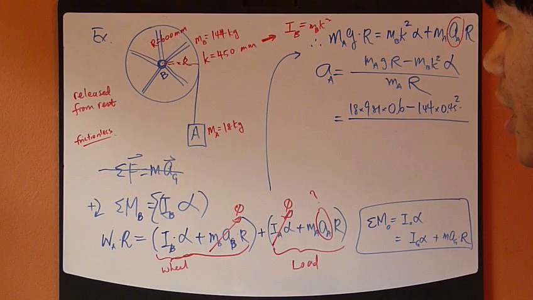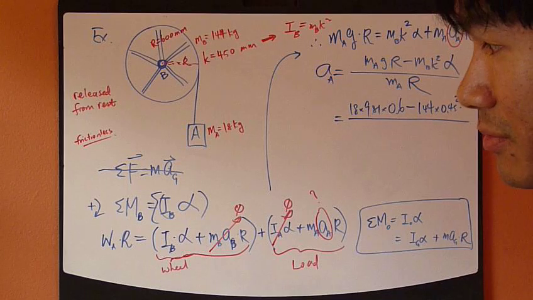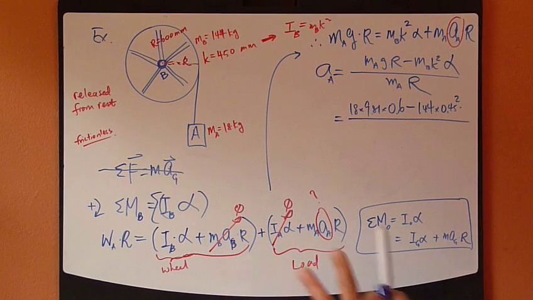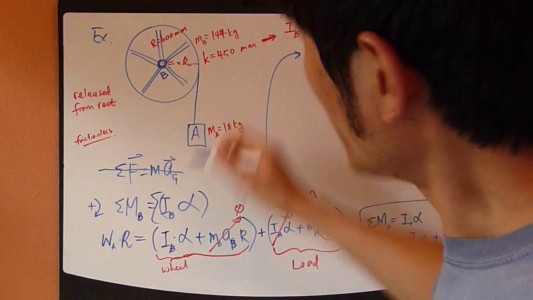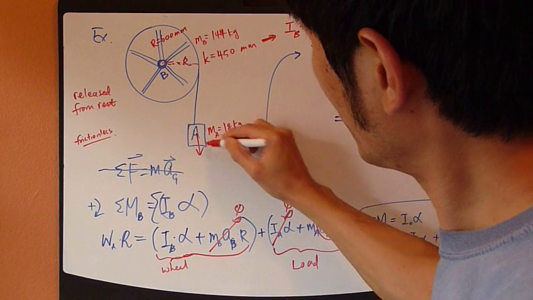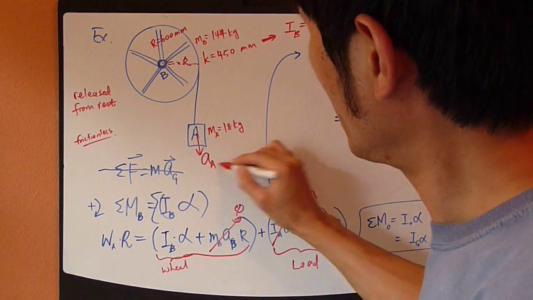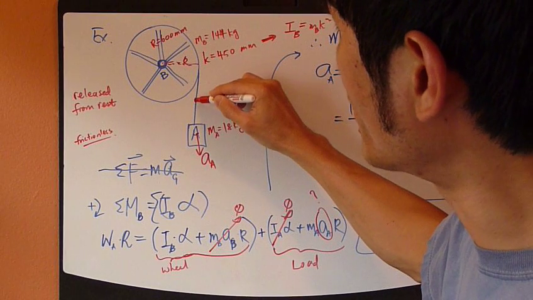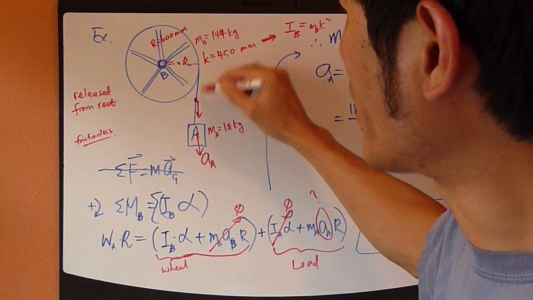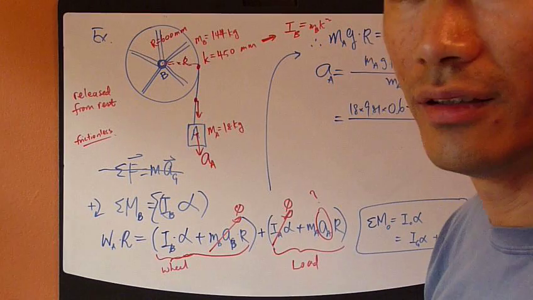Alpha is also an unknown, but alpha is related to your a_A. The acceleration of point A down here is the same as the acceleration at this point. It's also the same acceleration at this point right here.